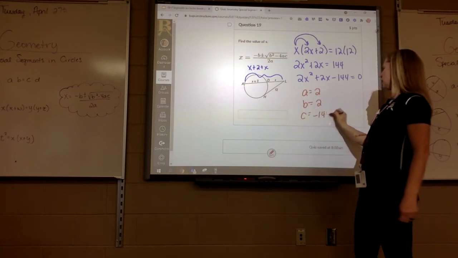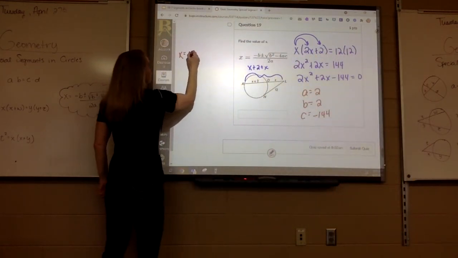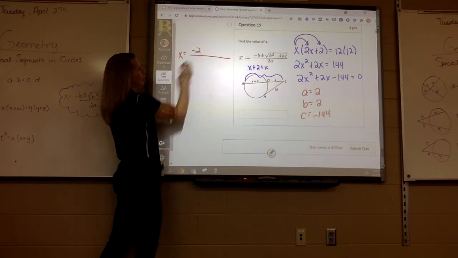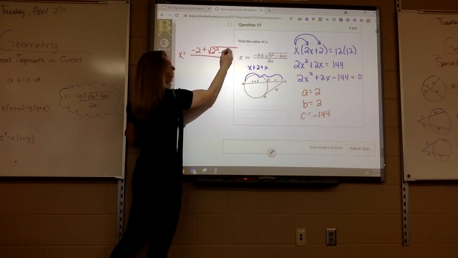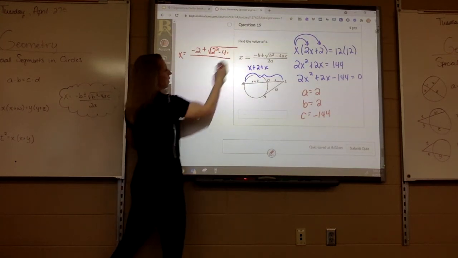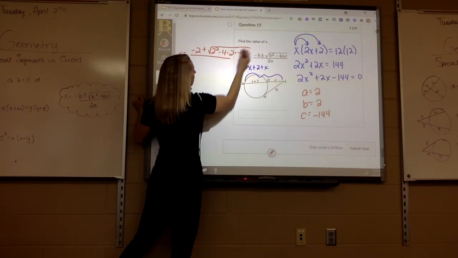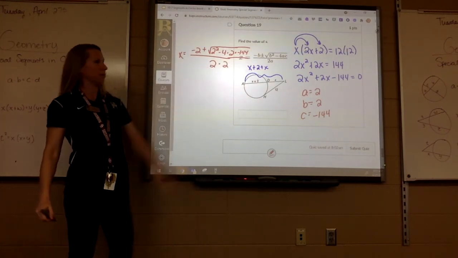Negative 144. Good. So x equals negative b, negative 2, plus square root of 2 squared minus 4 times a times negative 144, all over 2 times 2. So a is 2 this time.